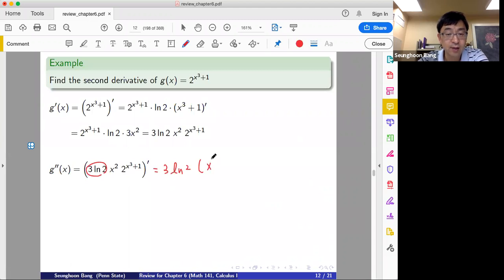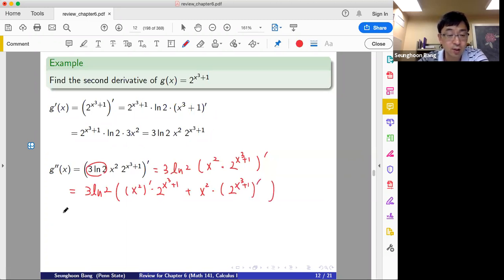Just x squared times (2 to the x cubed plus 1) prime. So what's that? You can use the product rule: first function prime times second function 2 to the x cubed plus 1, plus first function times second function (2 to the x cubed plus 1) prime.